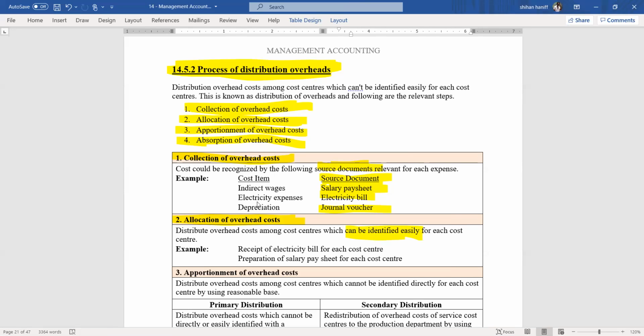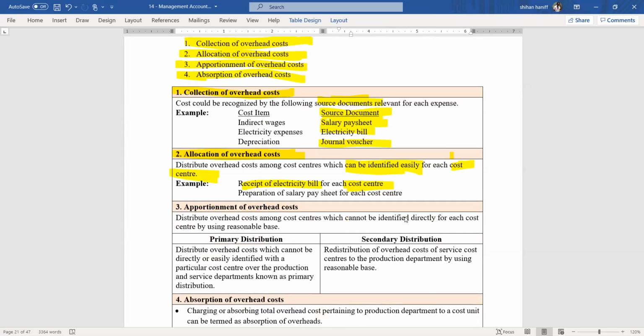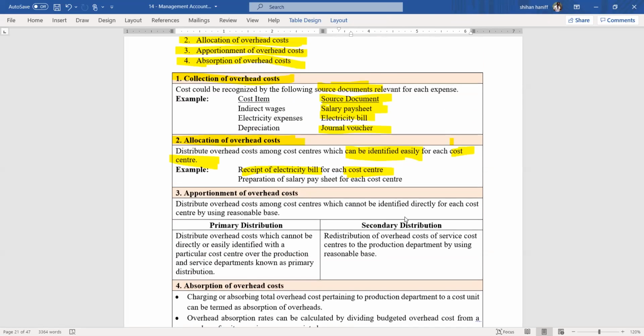We call it the relevant cost center. When I do the example, you will understand this in a clear way, right? So for example, when you receive an electricity bill for a specific department, you can allocate that for that department. Collection, then allocation.